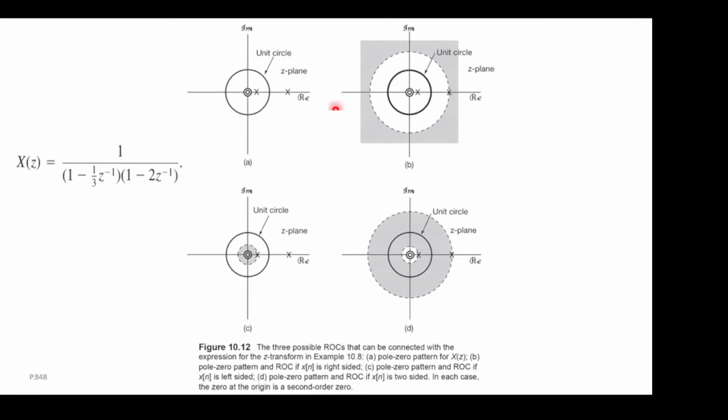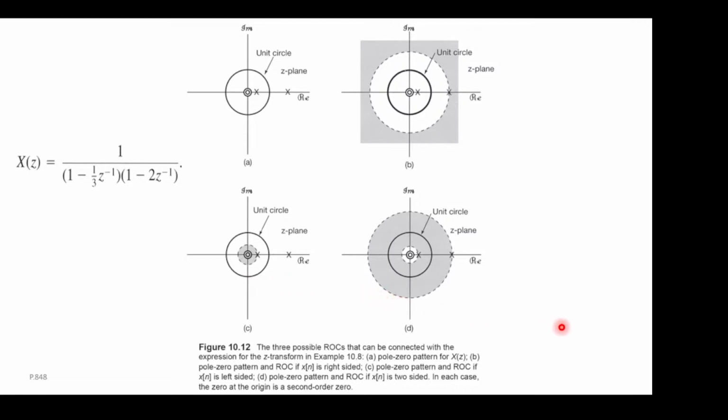and they cut the radius of this z-plane into 3 parts: between 0 and 1/3, between 1/3 and 2, and between 2 and infinity. So there are 3 possible ROCs for your X(z).